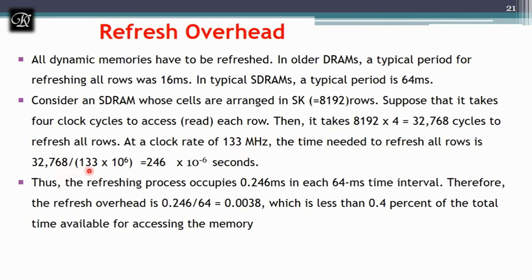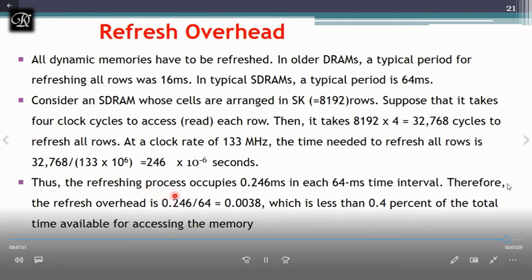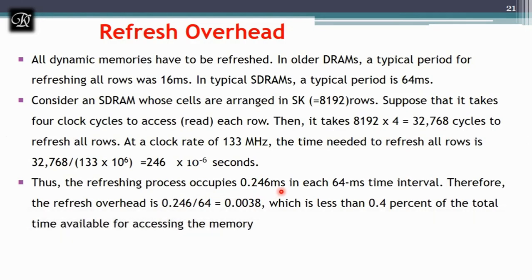32,768 divided by 133 megahertz will give us 246 times 10 to the power of minus 6. It means we get 246 microseconds. Thus, the refreshing process occupies 0.246 milliseconds, in each 64 millisecond time interval.